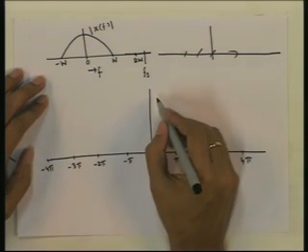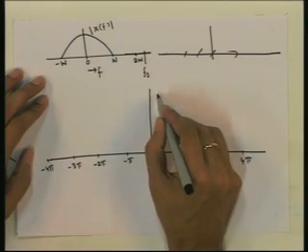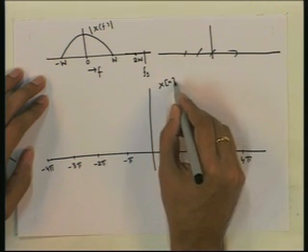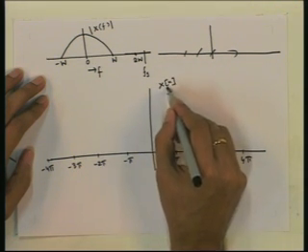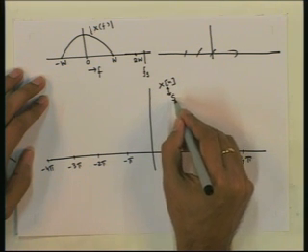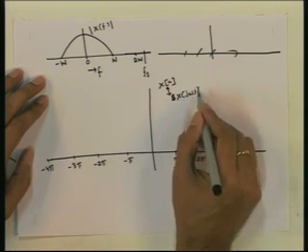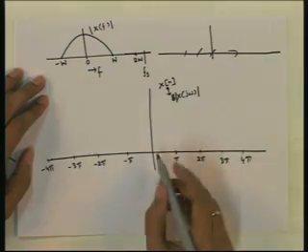So, the DTFT of the signal, that is, if the signal is denoted by x[n] and it has DTFT X(e^jω), then its magnitude will look like this.